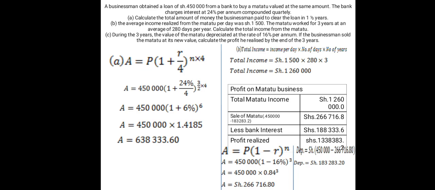So the profit realized is 1,338,383 shillings and 20 cents. Now down there I've shown how depreciation is calculated, and somebody should be able to follow this without difficulties.